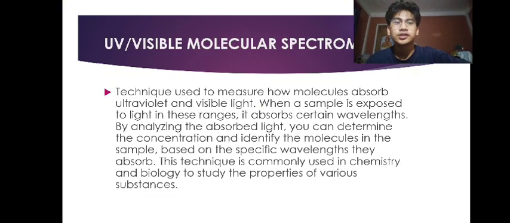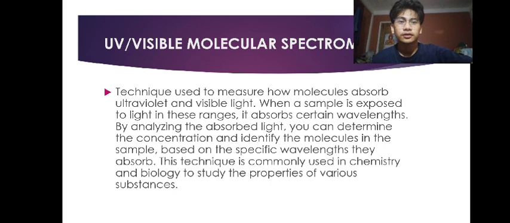Now, let us proceed for our lesson proper. We will discuss about the ultraviolet and visible molecular spectrometry. It is a technique used to measure how molecules absorb ultraviolet and visible light. When a sample is exposed to light in these ranges, it absorbs certain wavelengths.